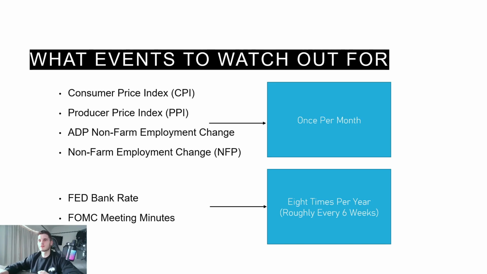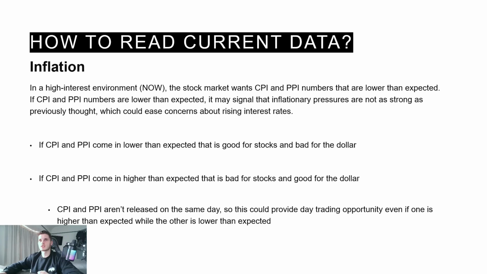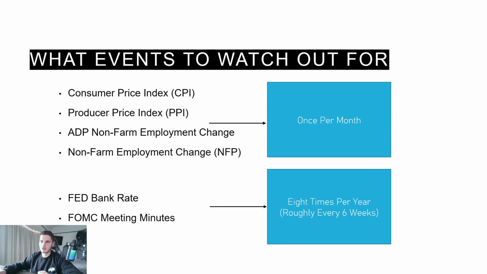So now, what events should you be watching out for? These ones are released once per month, so we'll go through these first: the CPI, Consumer Price Index, Producer Price Index, PPI, ADP Non-Farm Employment Change, and then Non-Farm Employment Change, which is also known as NFP. These bottom two are employment based. These top two are inflation based.